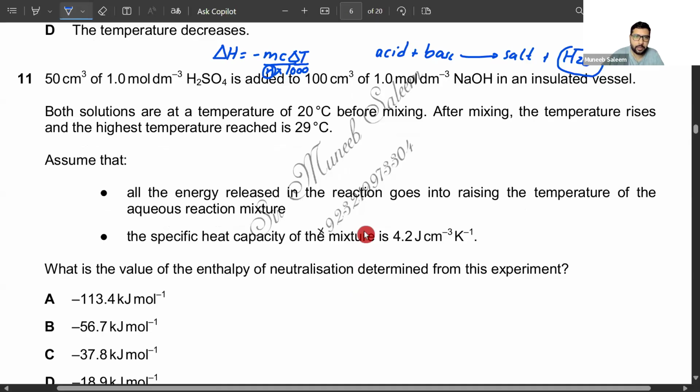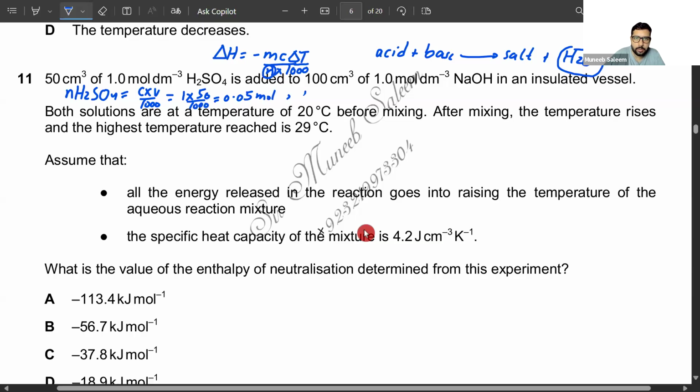Now we will convert the values of sulfuric acid into moles. Number of moles of H2SO4 is equivalent to C into V over 1000. Putting the values, 1 into 50 divided by 1000 gives us 0.05 mole.